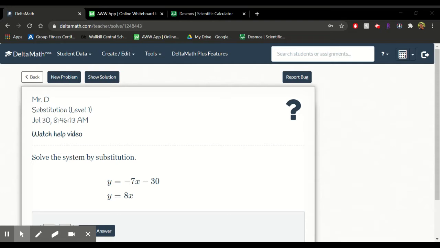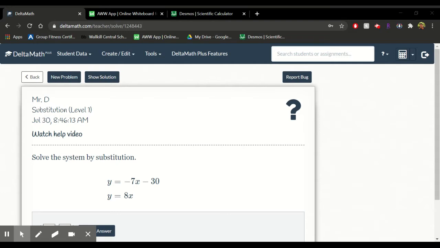Now, notice both equations are in slope-intercept form. So what you can do with substitution, now remember when you substitute, you take something out and put something in, just like in a sports game, like if you're playing basketball or any other sports game. A substitution is when one person who's playing in the game comes out and the other person on the bench comes in.